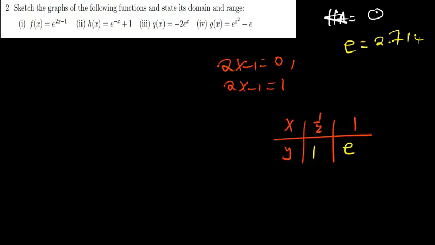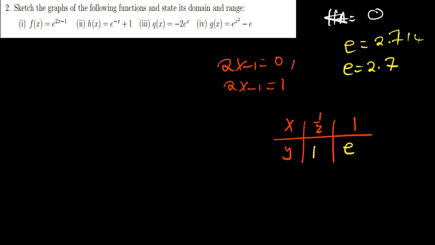Okay. Now using this, I believe you guys can go ahead and sketch using the previous example that I gave you. So let's go ahead and sketch. Just keep in your mind that e is approximately 2.718.